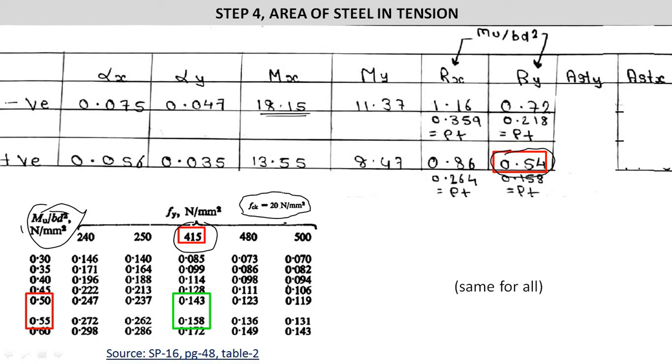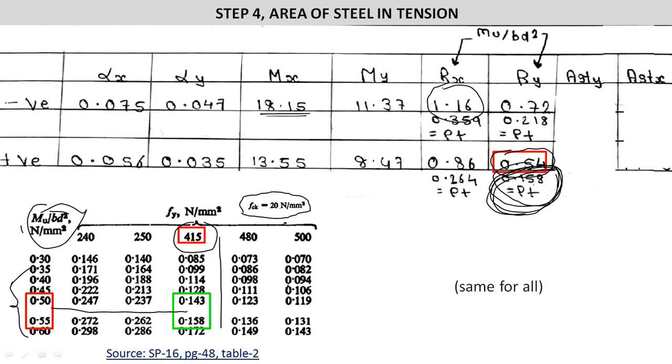The value of Mu upon bd square is 0.54, which lies between 0.50 and 0.55, and our grade of steel is 415. Seeing this column and this row, we have to interpolate this green box, which is 0.143 and 0.158. By interpolating, we will have the value of percentage of steel as 0.359.